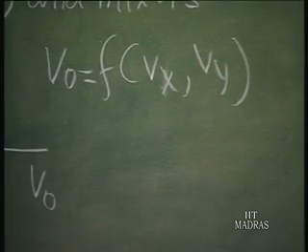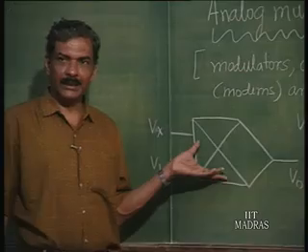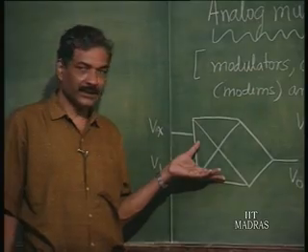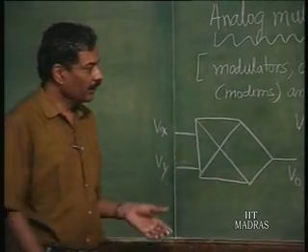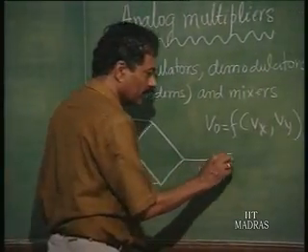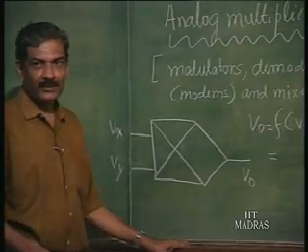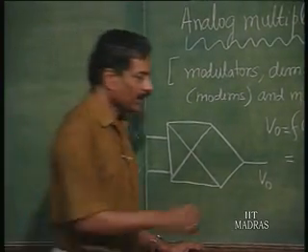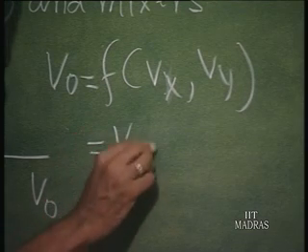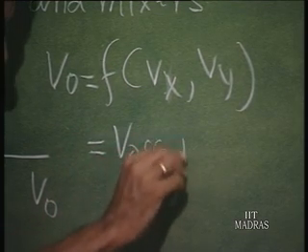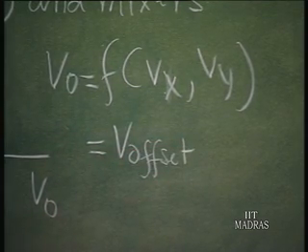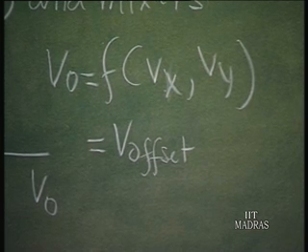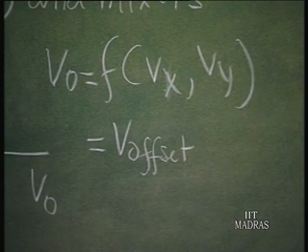Normally for anything, any device put here is going to be a function of Vx and Vy. How will it be? Normally it is going to be equal to a factor which is independent of Vx and Vy, that we call as voltage, which is an offset voltage, independent of Vx and Vy. This we call as an offset.